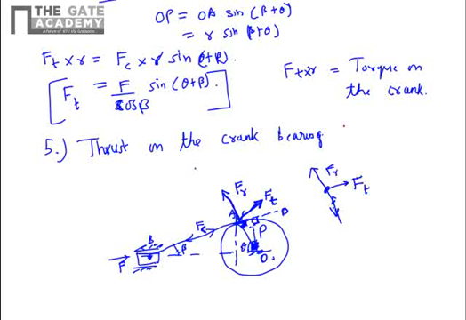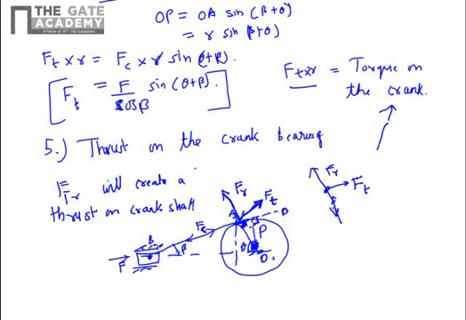The expression for Ft we just derived here, and that will create torque on the crank, and the component Fr will create a thrust on the crankshaft bearing. So this quantity is important because we want to calculate the normal thrust on the bearing, and we want to calculate the frictional loss. Also, for design of the bearing, this load is important to calculate.